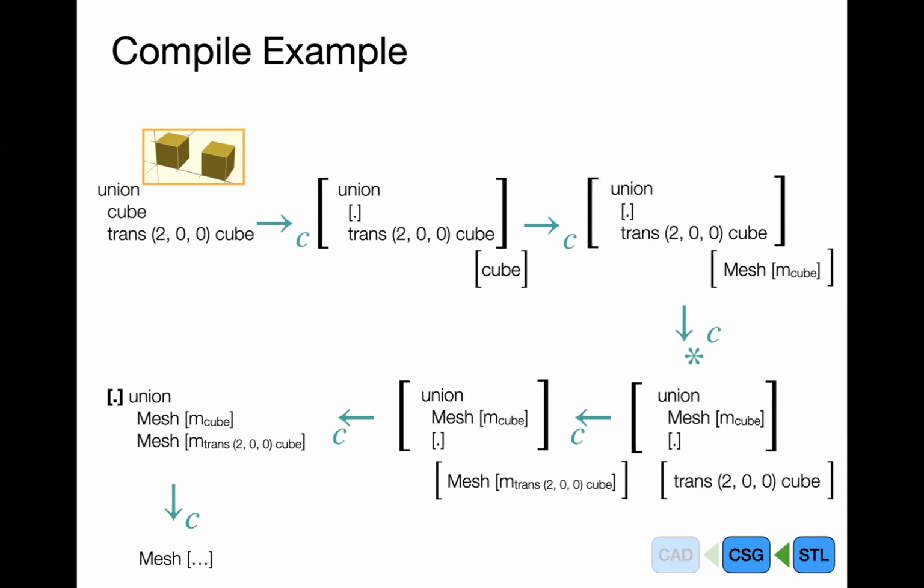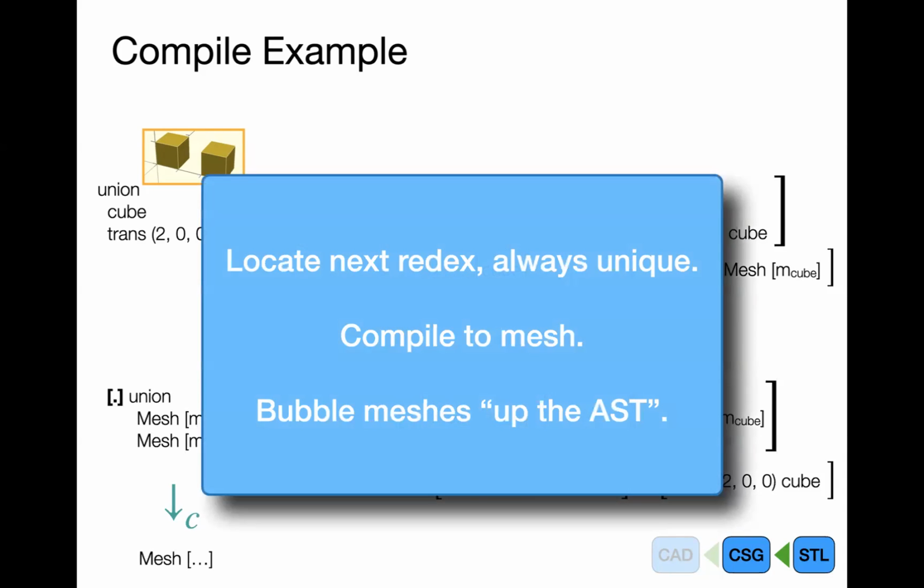We've gotten the triangle mesh out of the constructive solid geometry program. And the intuition here is that it's pretty simple. You find the next place you can make progress, you compile that thing to a mesh, and those meshes bubble up the AST, and I just do mesh operations as I go up.